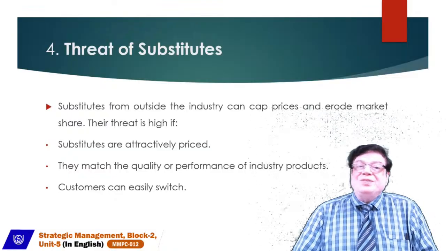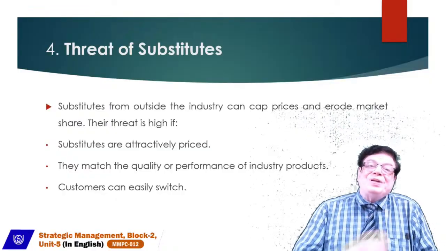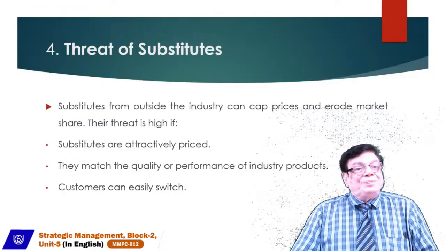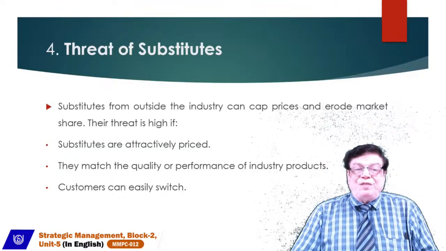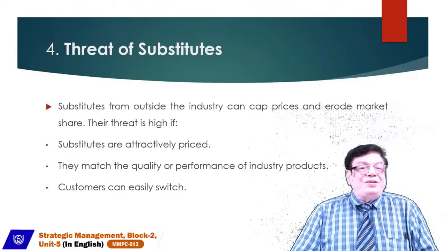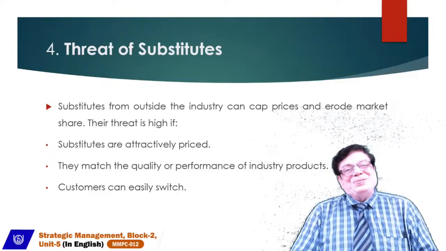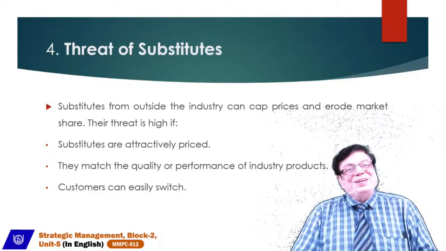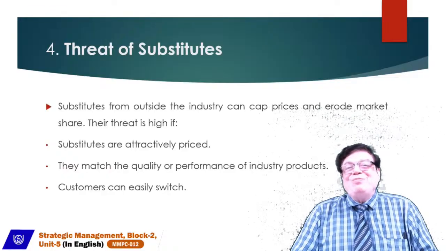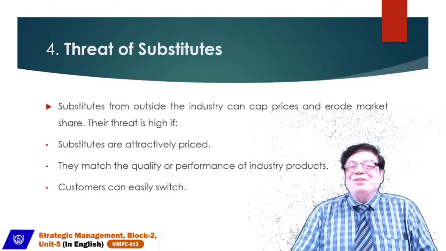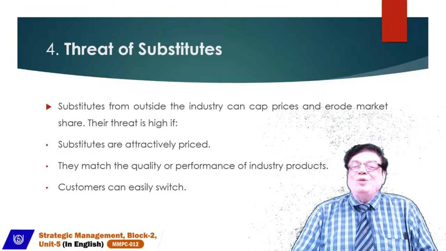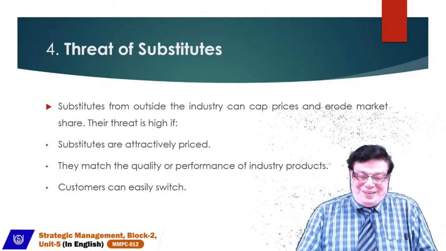Customers can easily switch. For example, if the substitute of any particular item is serving the same purpose and the price is half of that product, naturally people will go for substitutes because they will save money. That is the human nature, that is the human tendency.